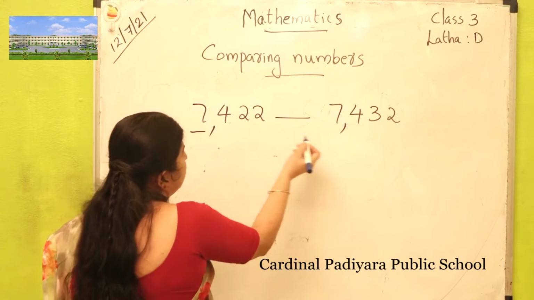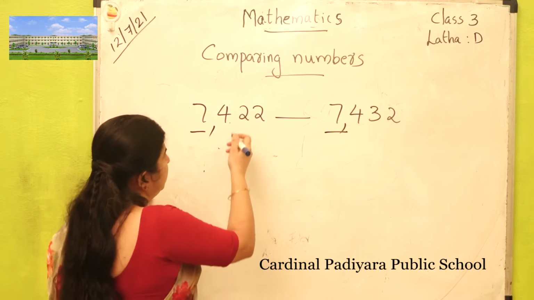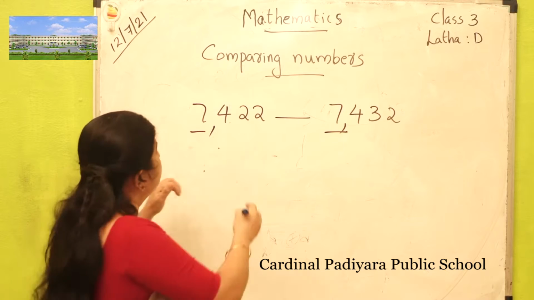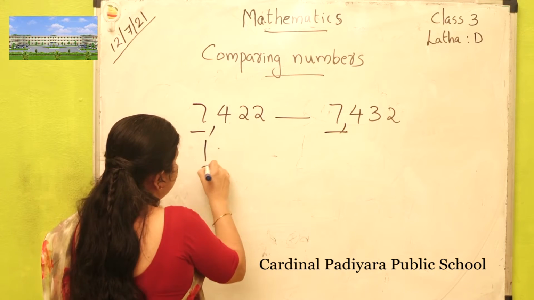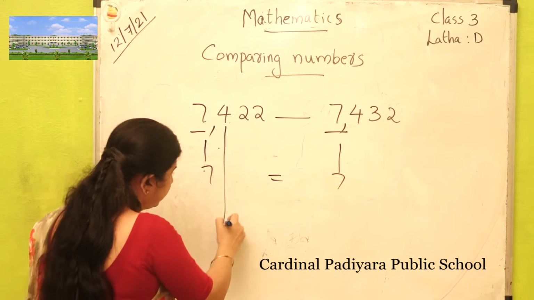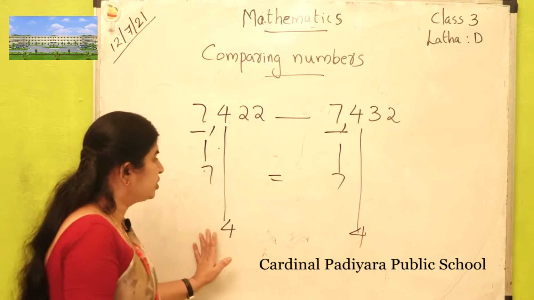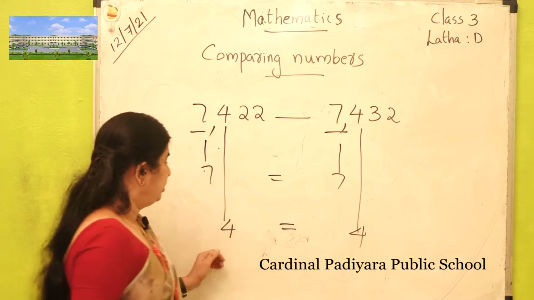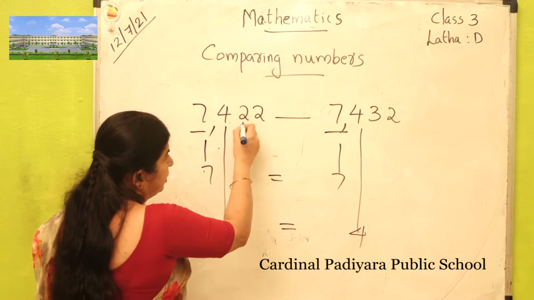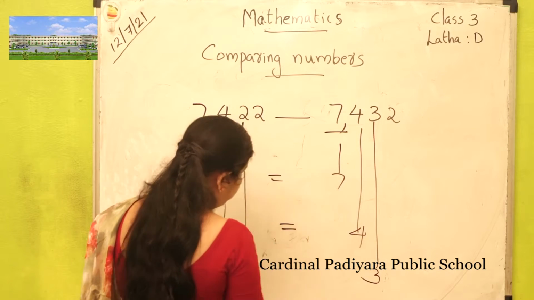Here 7, here also 7. Then what will we do? We compare the next digit. Here 7, here 7. 7 is equal to 7. Therefore, we compare the next digit, 4 and 4. This is also equal. Same digit. Then we move to the next number. Here 2, here 3.